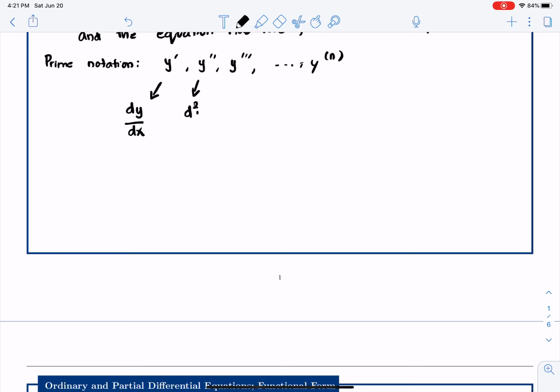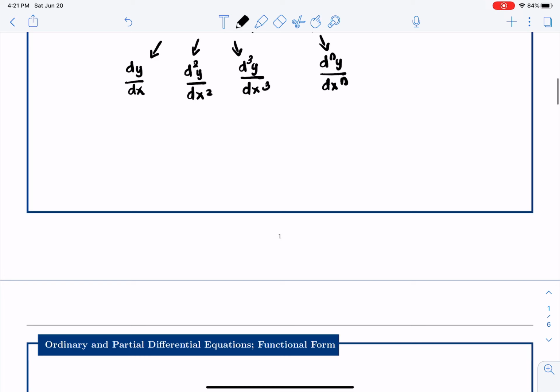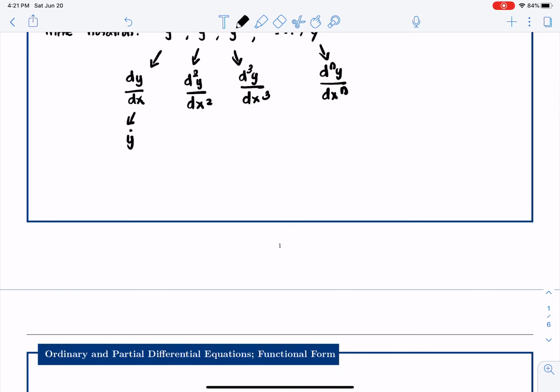That would be d squared y over dx squared, d cubed y over dx cubed, the nth derivative, or we could use a dot notation, so y dot, y double dot, y triple dot, and n dots.